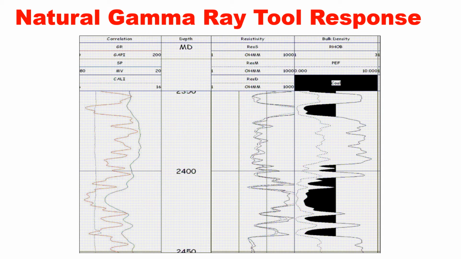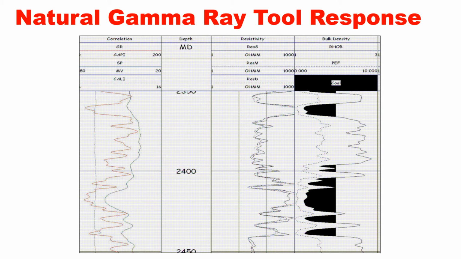Most of the naturally occurring radioactivity in sedimentary formations comes from three types of minerals. If you are already done with the logging course, you can answer this: thorium, potassium, or uranium. From these three elements we can expect a gamma ray response in the wellbore.